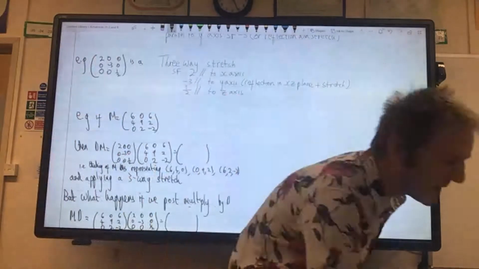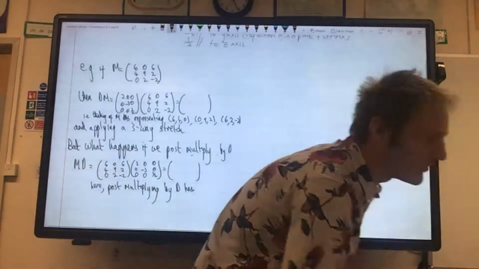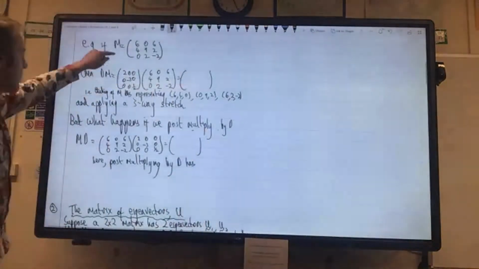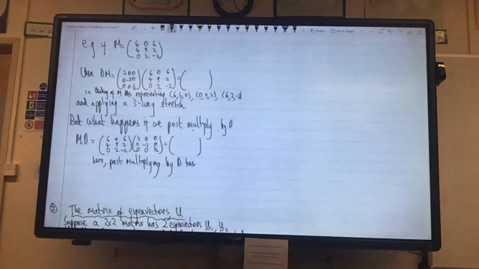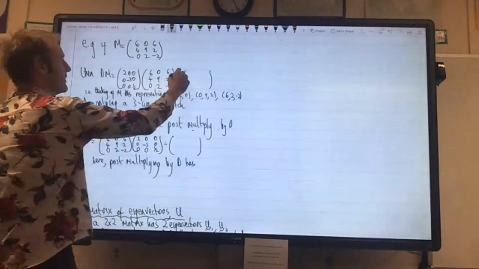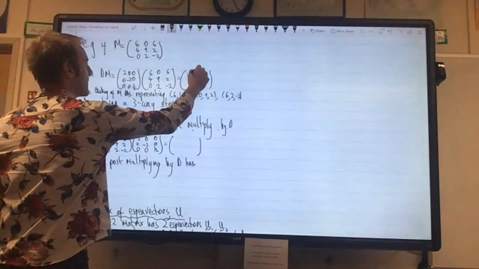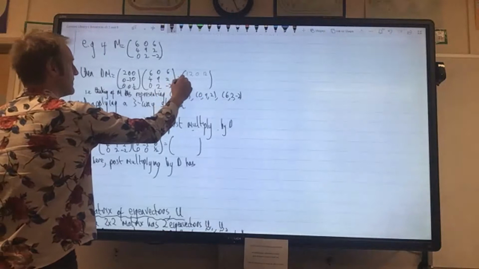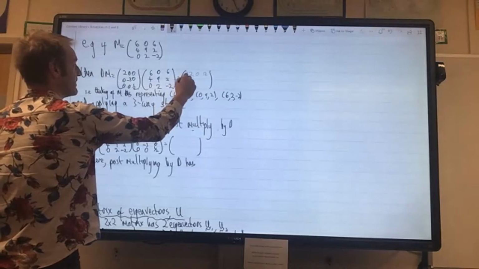So as an example, if we take the matrix 6, 0, 6, 4, 9, 2, 0, 2, -2, and we pre-multiply by the matrix I just talked about, we will get, and you can check, I want to check that I've got it right, in fact.